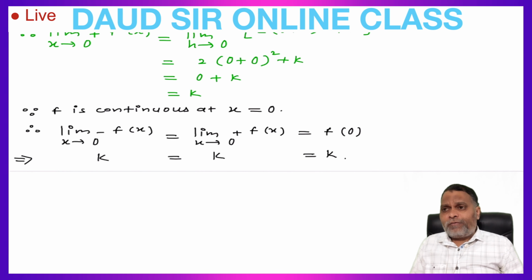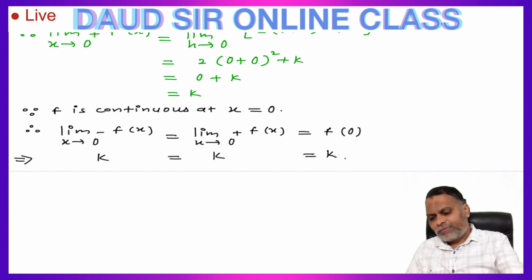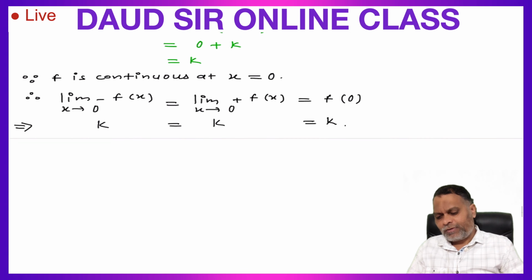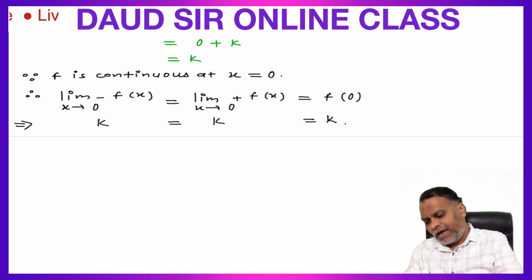So we can take any real value of k here. For all real values of k, this function is continuous at x is equal to 0.